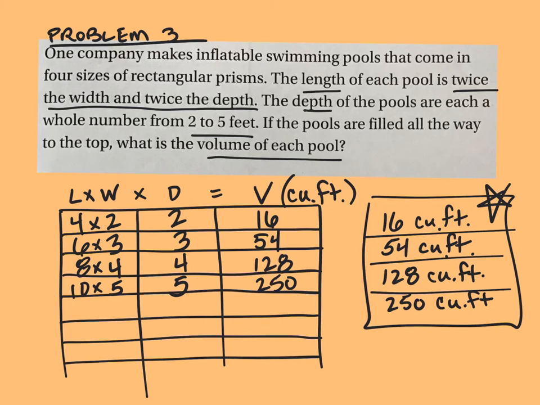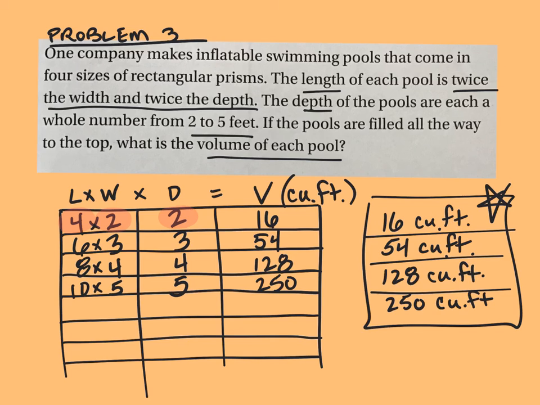This was probably the most challenging problem so far in this chapter, but notice I had to read the directions very carefully to realize that the length was twice the depth and the width. So if you look here, I'm going to highlight for you that this depth matches the width, and the length is twice that.